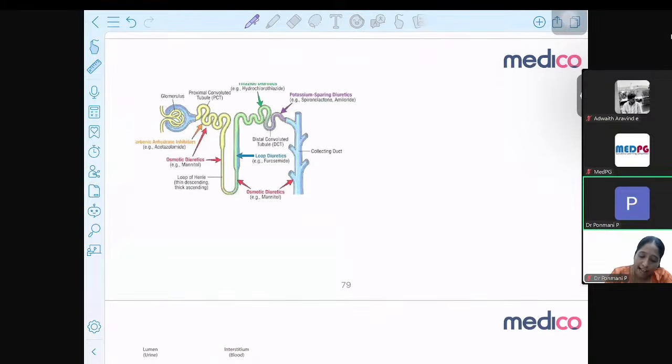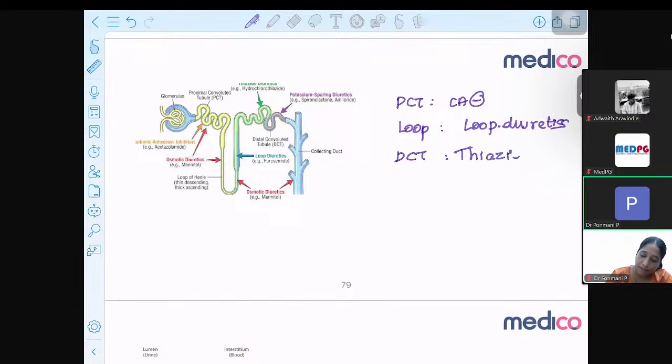The drugs which act on the PCT are carbonic anhydrase inhibitors. Okay. And the drugs which act on the loop of Henle are the loop diuretics. And which act in the DCT are thiazide diuretics.